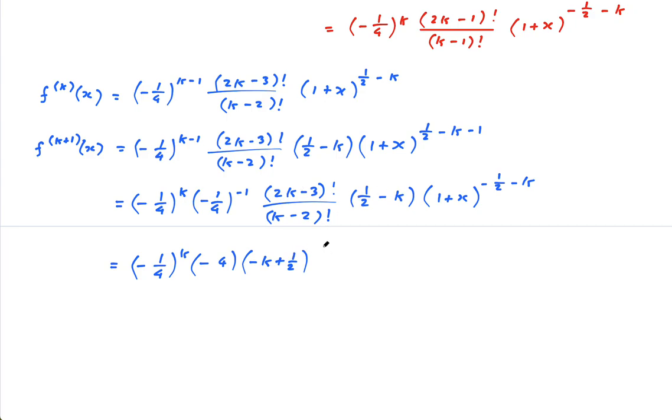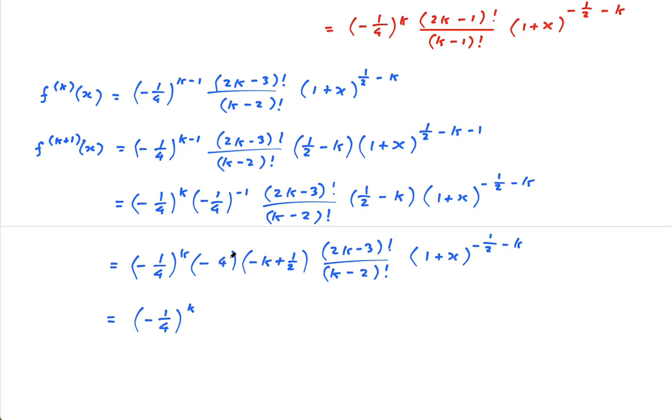This is the same: 2k minus 3 factorial, k minus 2 factorial. And then this is nice because it's what we want: minus a half minus k. Okay, next thing. I'm going to show every single step here, guys, because it's hard, and just so it's all crystal clear.